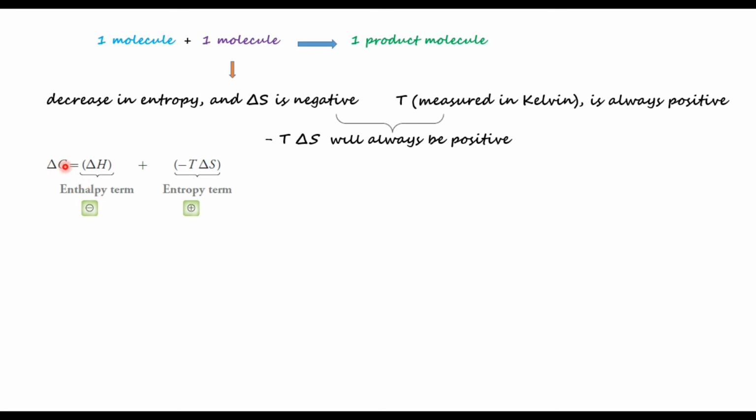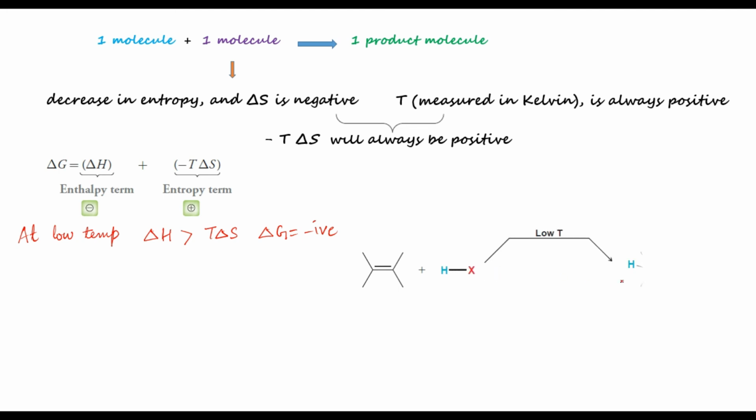This competition is temperature dependent. At low temperature, the enthalpy term is dominant over the entropy term. As a result, del G has a negative value, which means that products will be favored over the reactants at low temperature. In other words, addition reactions are thermodynamically favorable at low temperature.